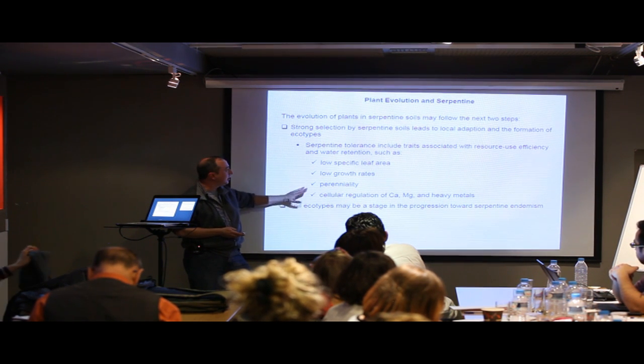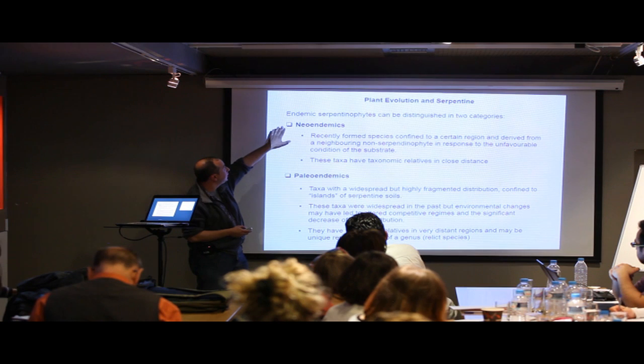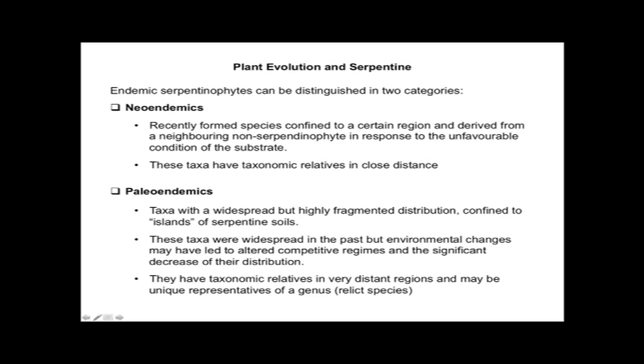But this is half the truth. Actually, endemic serpentinophytes belong to these two categories of endemic species. One category is the neo-endemic species. Neo-endemic species are species that have recently been formed and are confined to a certain region and derived from a neighboring non-serpentinophyte. And these species have taxonomic relatives in close distance.